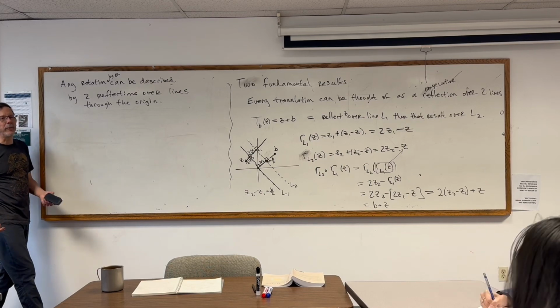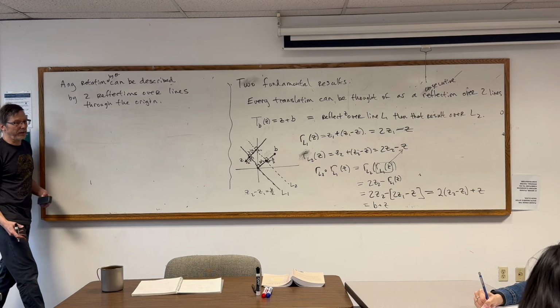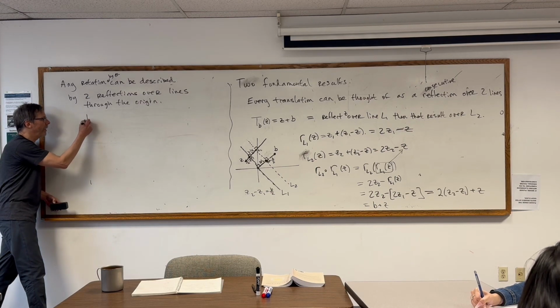And all I have to do is show you what the lines are, and then we can figure it out. And I wouldn't have known this unless I read the book. So what are the two lines?